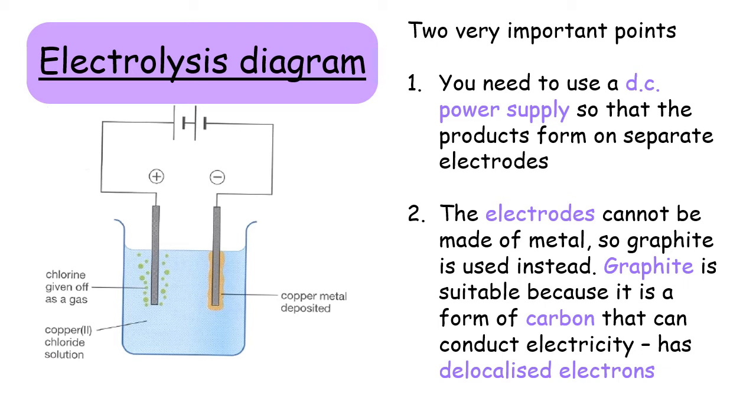That just means that the electricity is flowing in one direction, and because it's flowing in one direction, the metal will move to just one of your two ends. And the electrodes need to be made out of graphite, because graphite itself is not a metal, so it won't affect extracting the metal, and it can also conduct electricity.